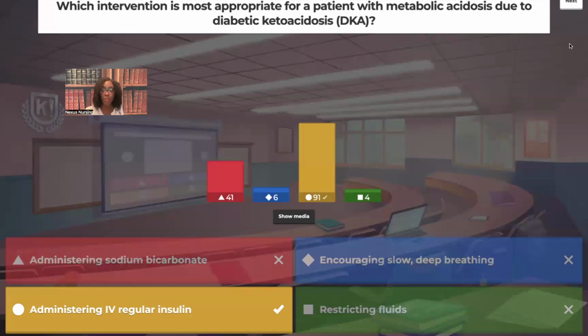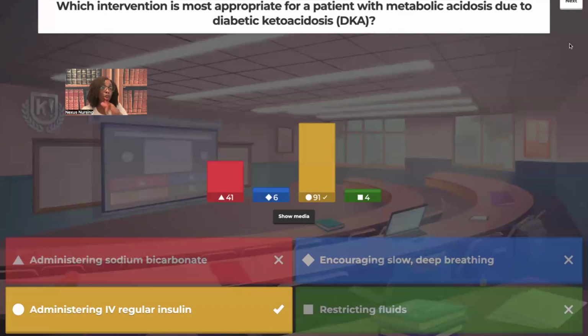6 people said encourage slow, deep breathing. I'm going to give you a visual. I need the 6 people who chose this as an answer to tell me if you're still going to choose it. Your patient is in metabolic acidosis. They are in an acidic state. They have way too much acid.